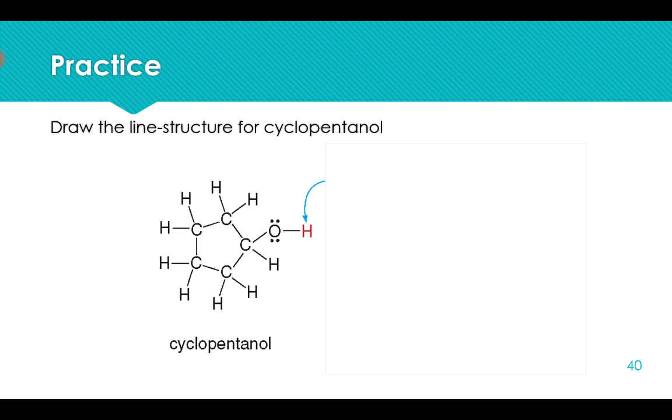Here's another practice problem for you. Try to draw the line structure, the line angle structure for cyclopentanol. Pause the video and then unpause the video when you want to compare your answer.